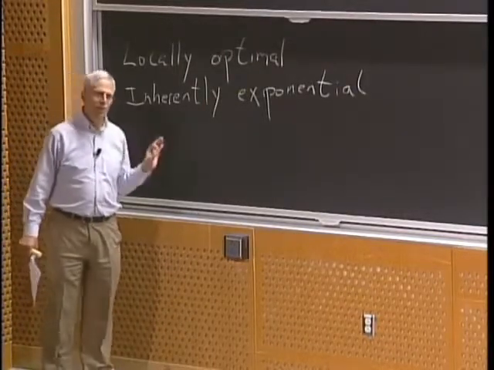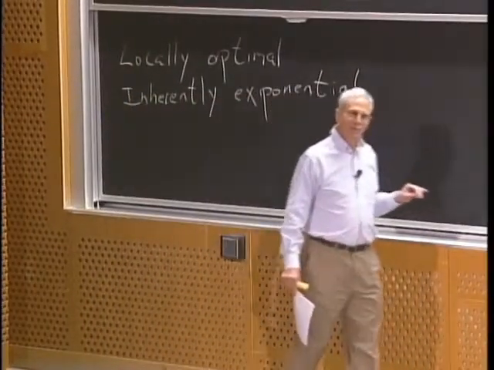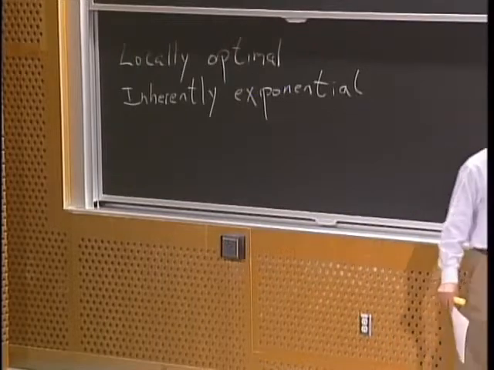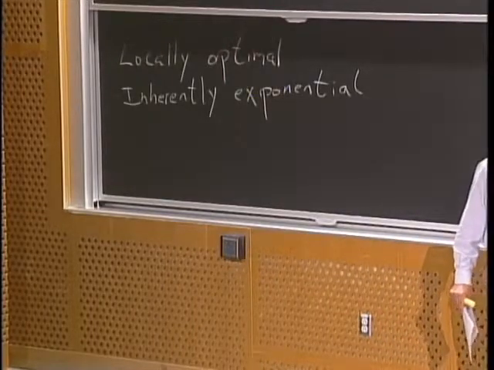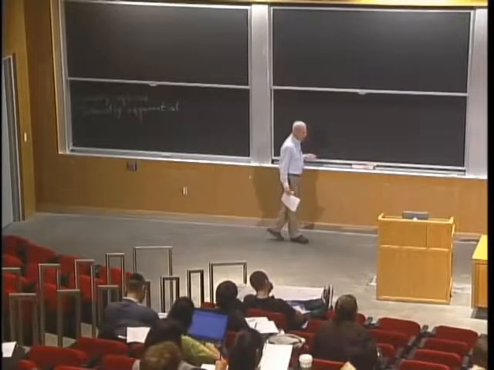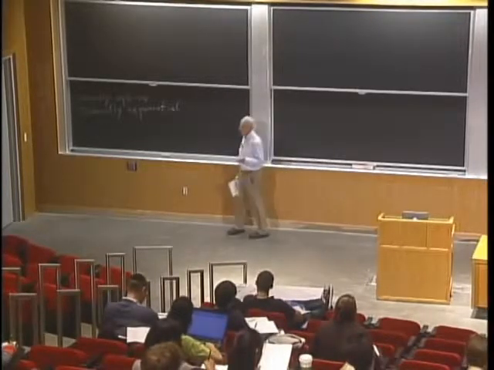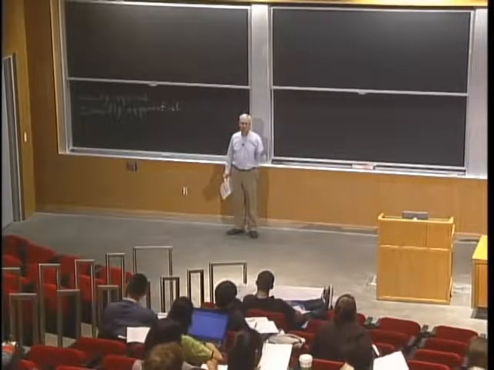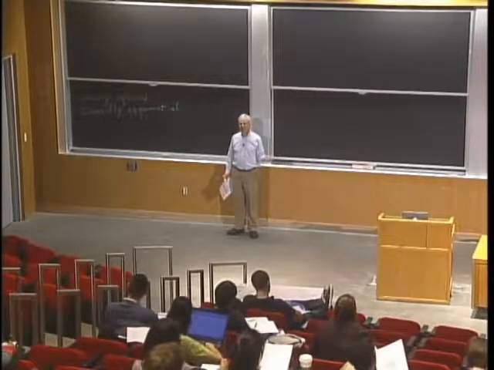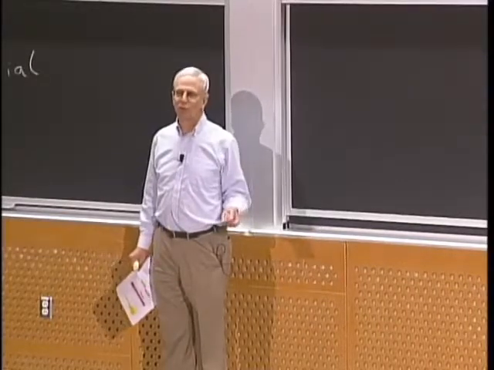Well, now let's be careful about that statement. What that means is the worst case is inherently exponential. As we will see in a couple of weeks, it'll take us a while to get there, there are actually algorithms that people use to solve these inherently exponential problems and solve them fast enough to be useful.